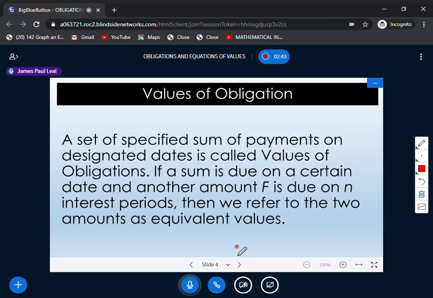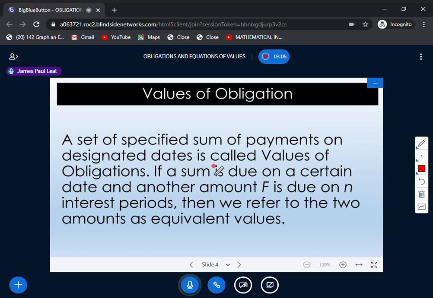When we say obligation or values of obligation, it is a set of specified sums of payments on designated dates. Say, for example, you borrowed money, or deposited money, but it always pertains to borrowed money.